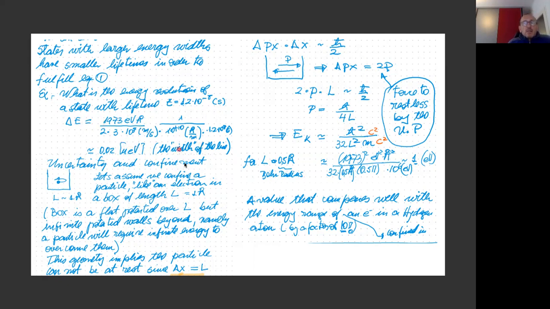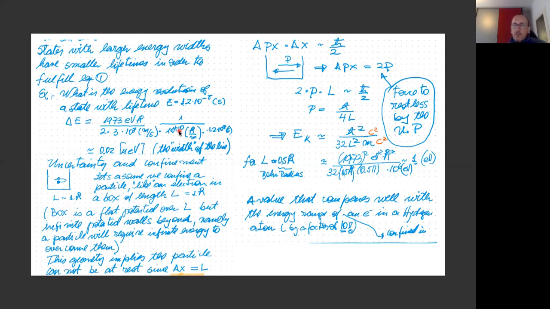If you do the calculation, it turns out that this is only 0.02 micro electron volts, which is a very narrow line. It is small, and it represents a lifetime of 1.2 times 10 to the minus 8. So this is the restriction associated with the lifetime of a state, given the uncertainty principle in energy.